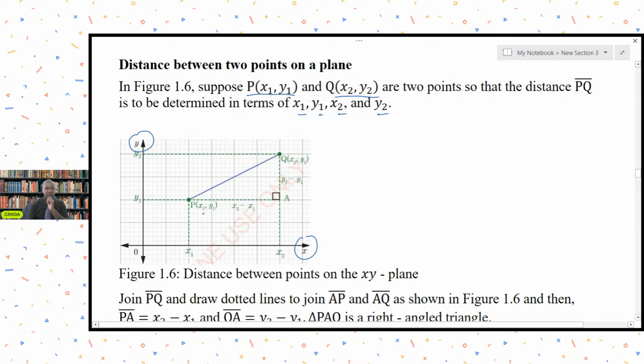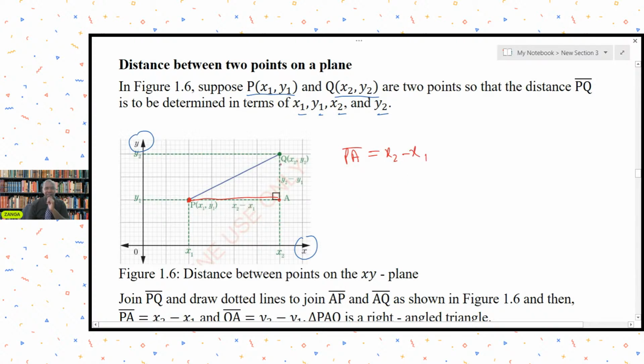Of course, we know the difference. We know this distance from this point to this point here, that is PA. We know that PA is going to be X2 minus X1.